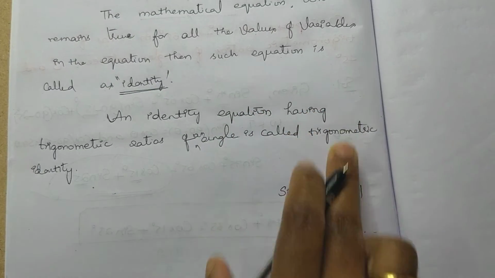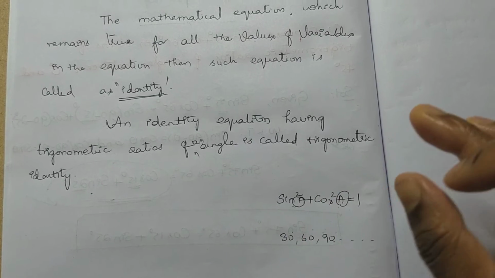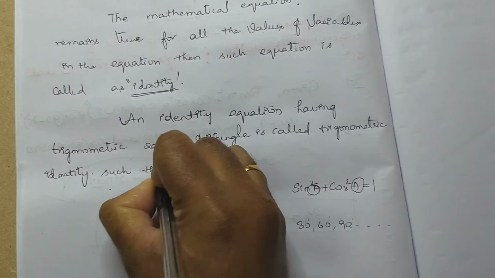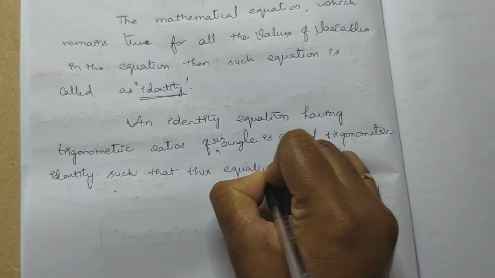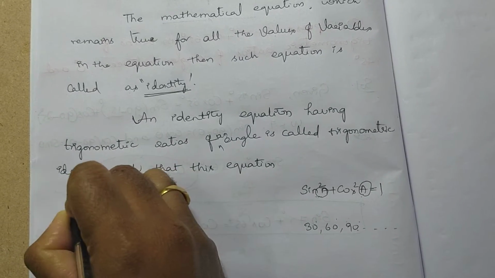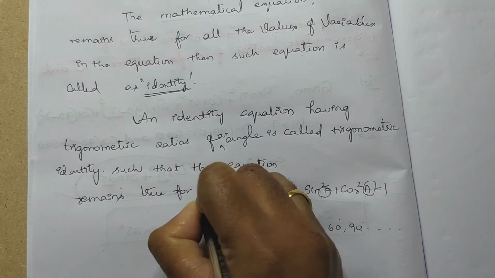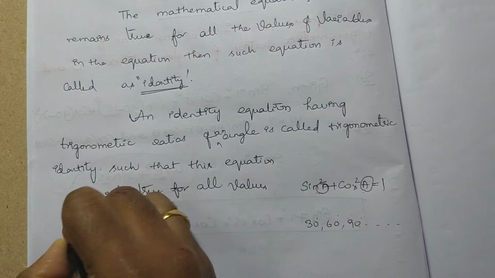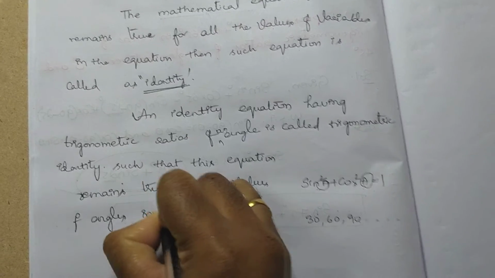An identity equation having trigonometric ratios of an angle is called a trigonometric identity, such that this equation remains true for all values of angles involved in it.